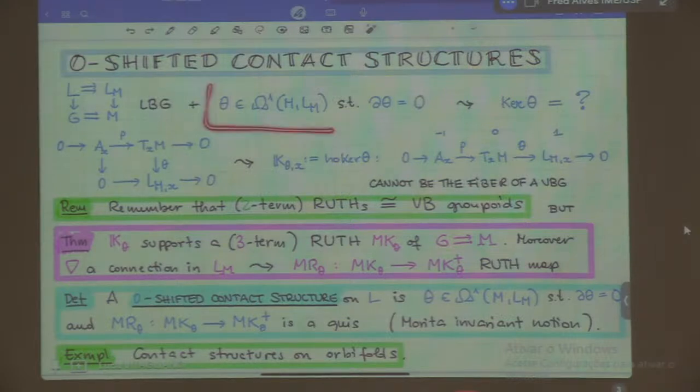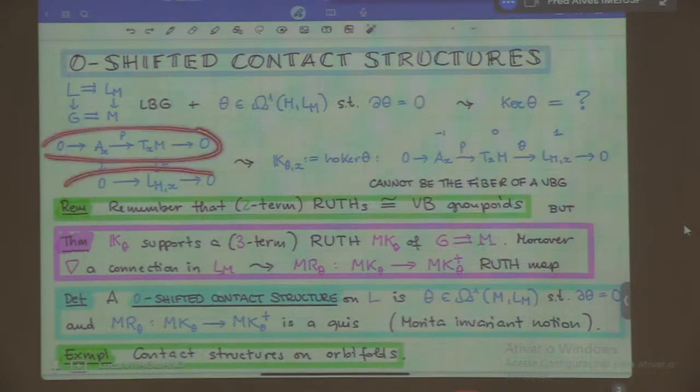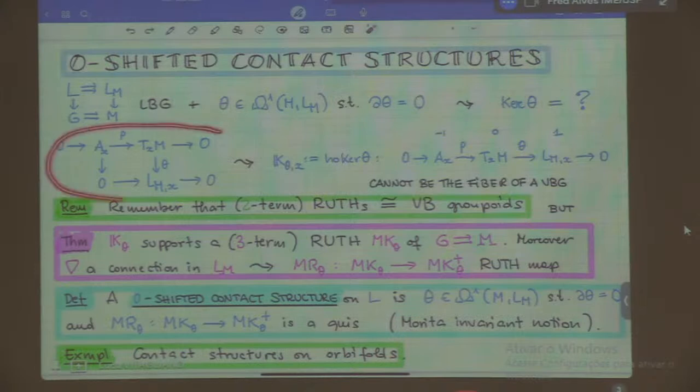Because now theta is a one-form on the base, it can be seen as a cochain map between these two fibers. This is the fiber of the tangent groupoid, and this is the fiber of M. And for the same reasons as before, at the level of the stack only the homotopy type of the fiber counts, so it's natural to define the kernel of theta as the homotopy kernel of this cochain map.